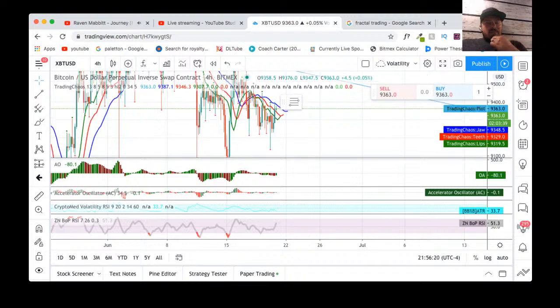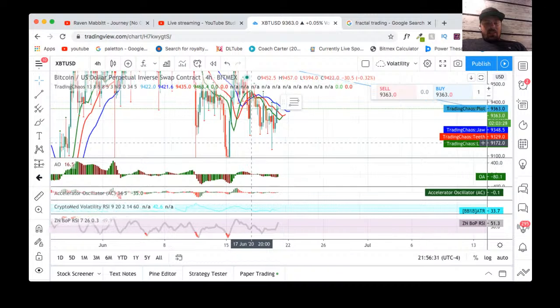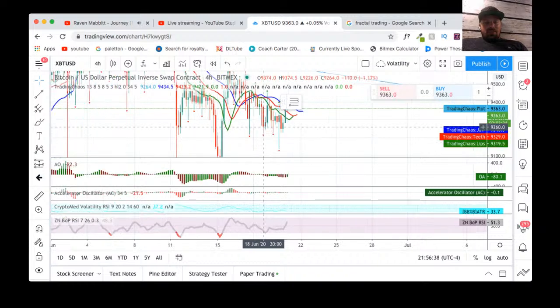A saddle's when the AO closes in on 0, and if you pay attention to the AC, it likes to do things a little bit faster.